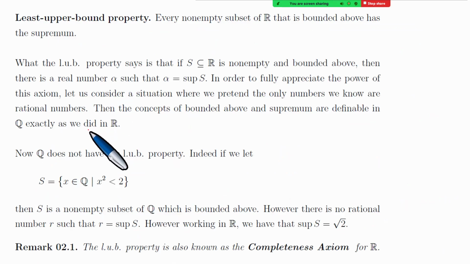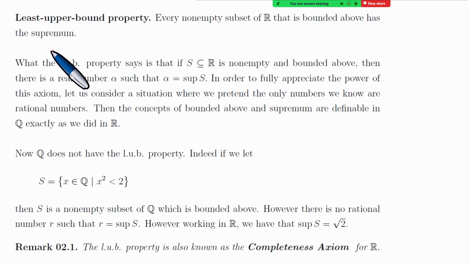I want us to discuss some of these. These are all preliminaries and basics you need to know. But the least upper bound property: what does it say? Every non-empty subset of R that is bounded above has a supremum.